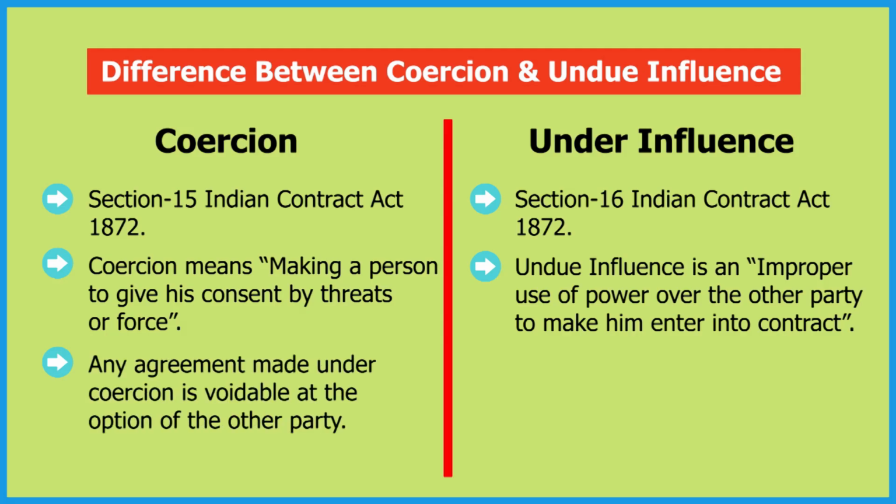So any contract entered into with force, called coercion, is voidable at the option of the party. So that means if any contract is entered into by coercion or undue influence, the contract is voidable. Now let us understand what is voidable.